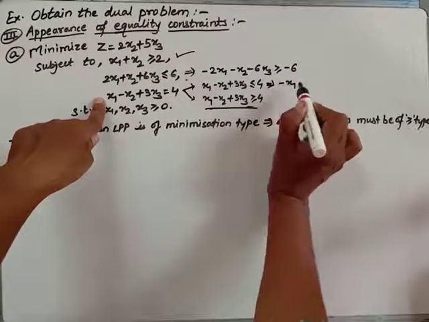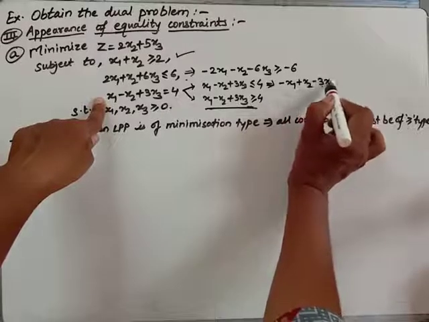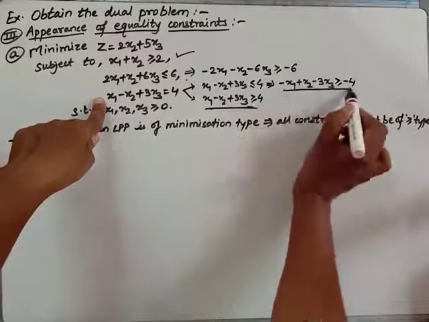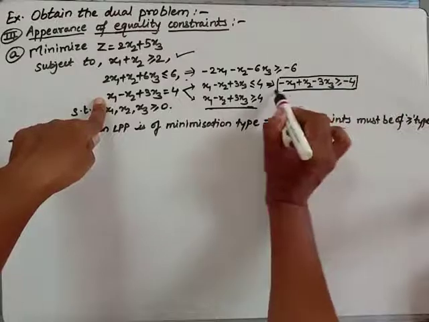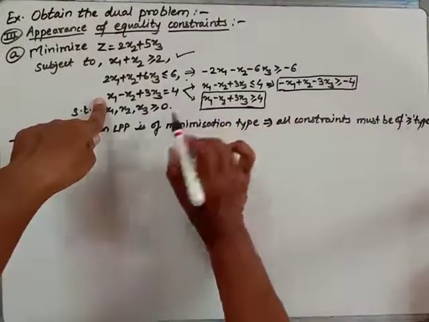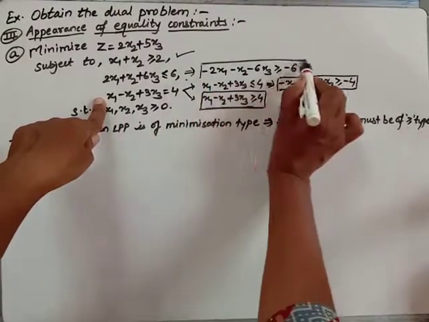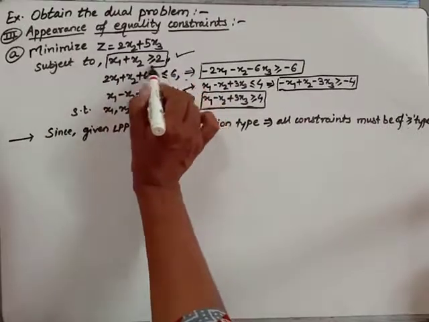Minus x1 plus x2 minus 3x3 greater equal minus 4. So this is one constraint from the equality and this is the other constraint from the equality. Now they are of greater equal type. This is the second constraint of greater equal type, and this is already given in greater equal type.